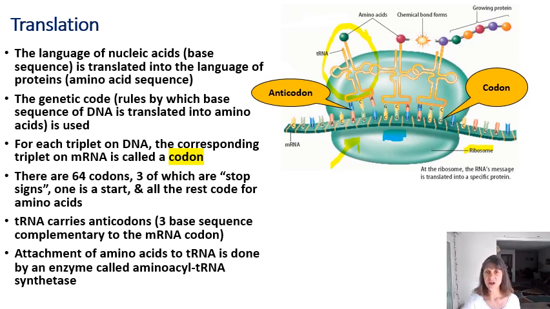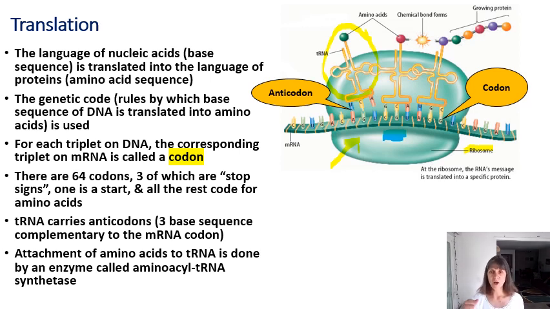So the anticodon that you'll notice on the transfer RNA molecule in the center has guanine, cytosine, adenine, which are the complementary nucleotides for the codon, which has cytosine, guanine, and uracil. That's how these individual amino acids are brought into the proper sequence for the growing protein.